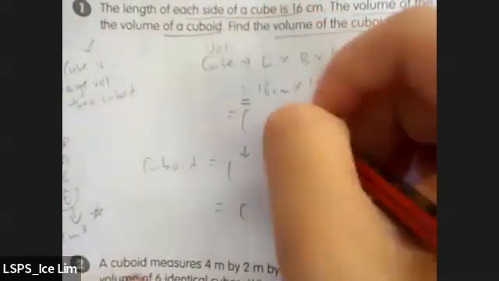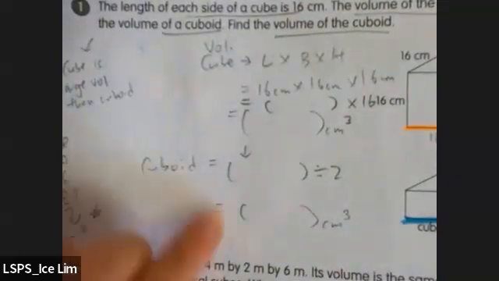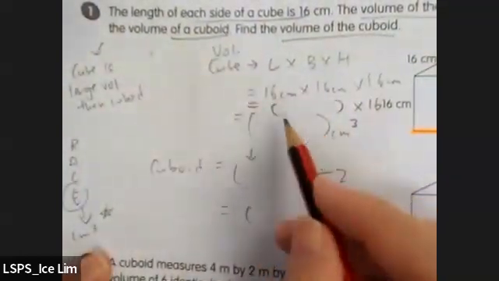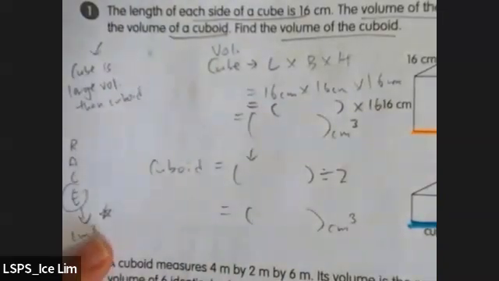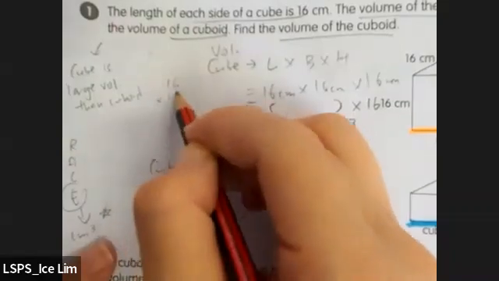If you need, you can have a middle step. For example, you can't do 16 times 16 times 16 at one time, and you also cannot use the calculator. So I do 16 times 16 first.